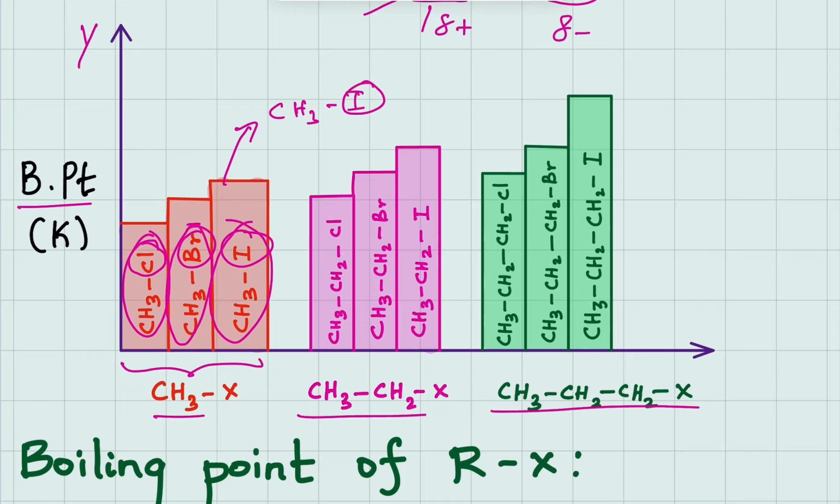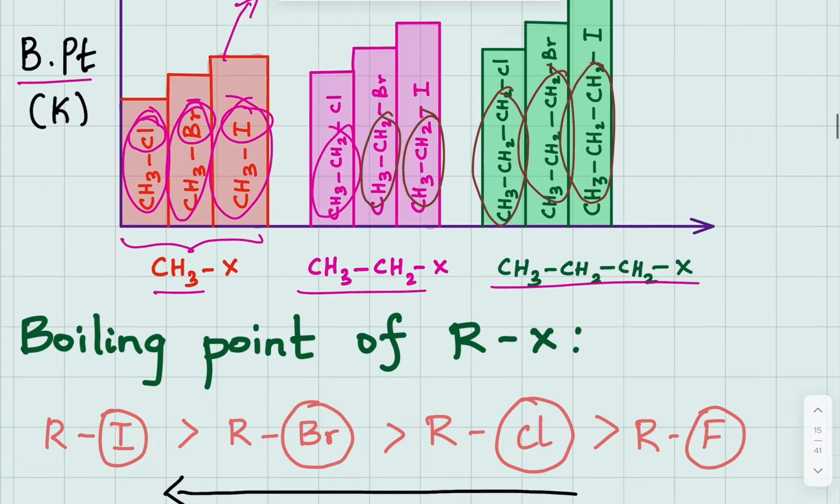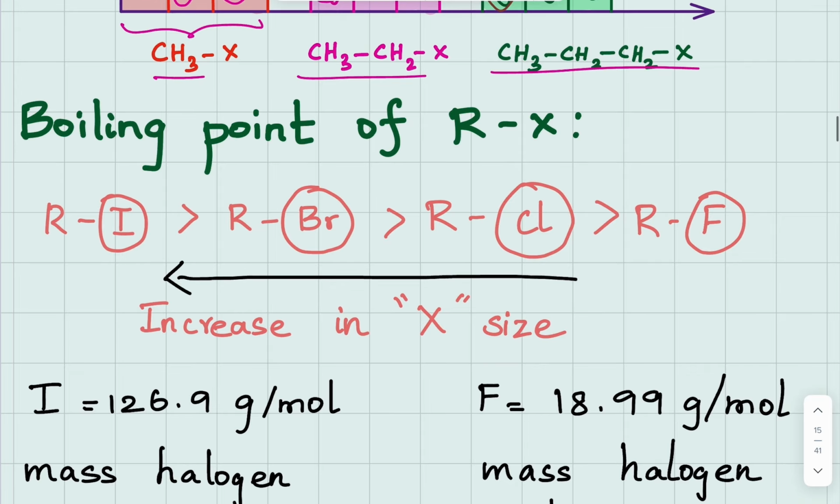As you know very well, if it is an ethyl group, the number of R groups keeps increasing, molar mass also increases, and obviously the boiling point also increases. Keep in mind that as the number of halogen atoms increases, the boiling point also increases.